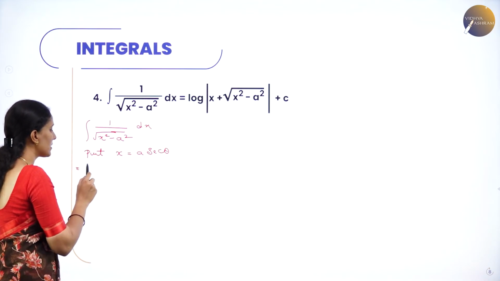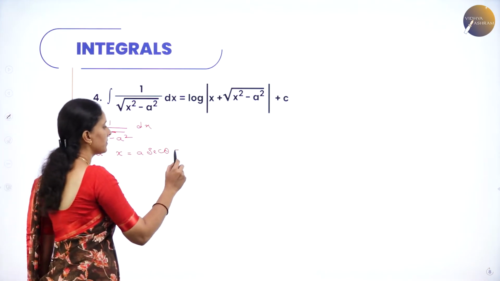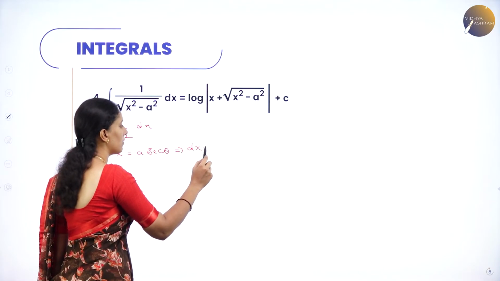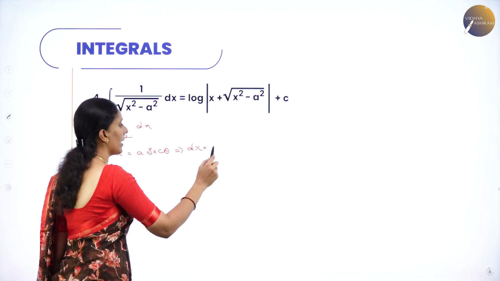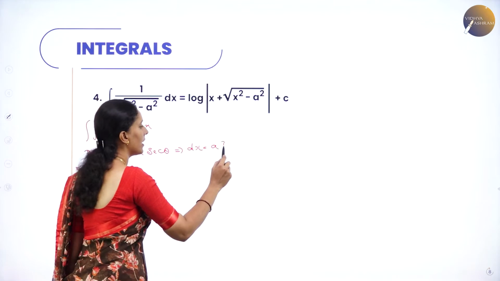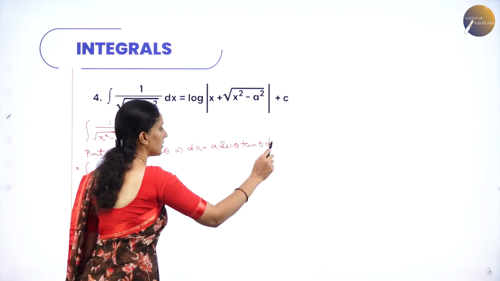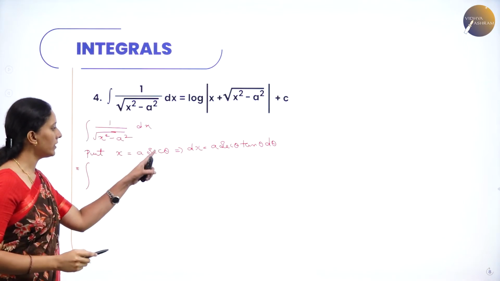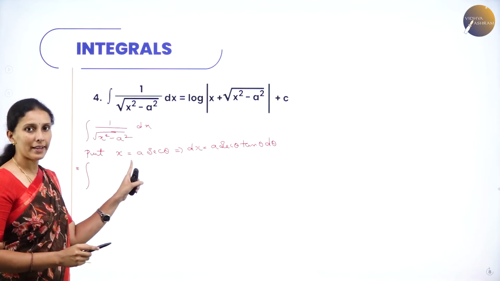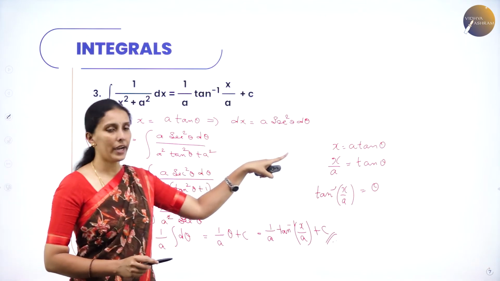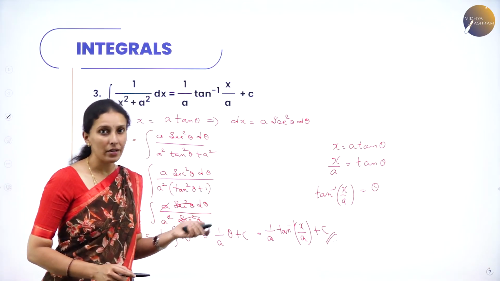So then what happens? This implies dx is equal to secant theta tan theta d theta. So if you want theta, this is secant inverse of x by a. Remember, if you take x is equal to a tan theta, then theta is tan inverse x by a.